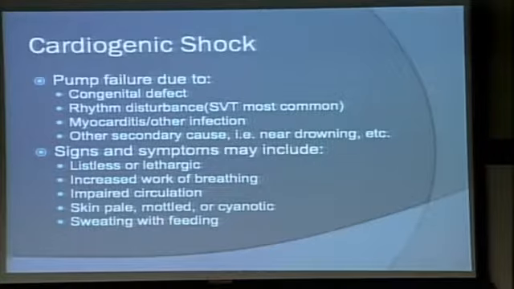Cardiogenic shock. Fairly uncommon in children, except for, so it's pump failure due to either congenital defect or an extreme rhythm disturbance, and supraventricular tachycardia is the most common, and paroxysmal atrial flutter or fib is fairly common.